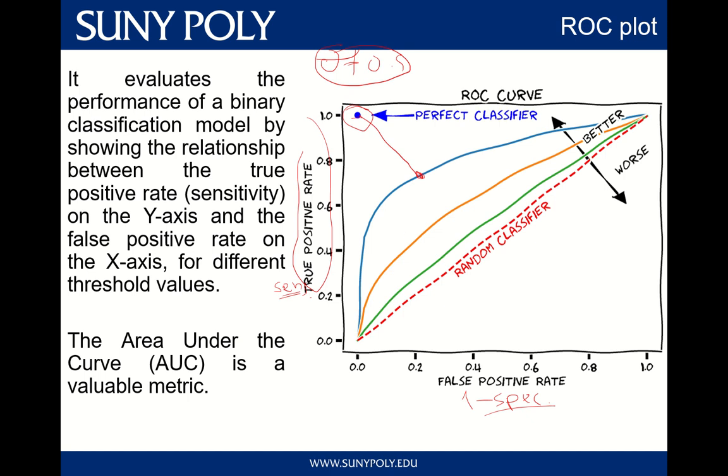Now, how do you know if your model is good or not? There are multiple ways. There are different metrics. So in general, you want a curve that looks like this, that is close to a perfect classifier, right? And there are some metrics for this. If you notice here, the maximum height is 1, and the base here is 1, right? So the maximum area that you can get here from this rectangle is 1.